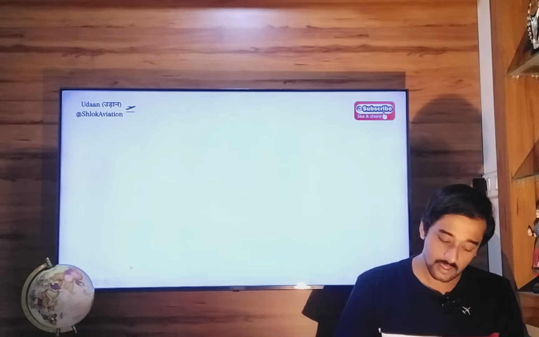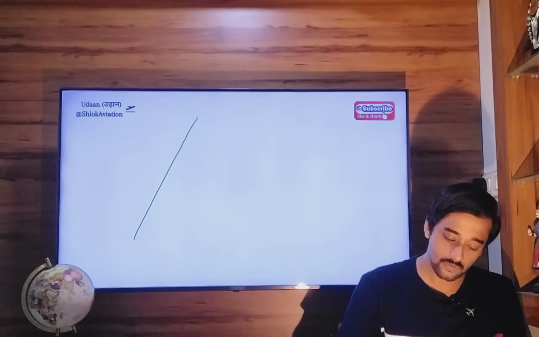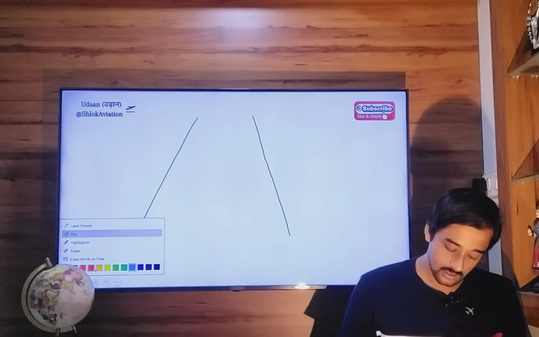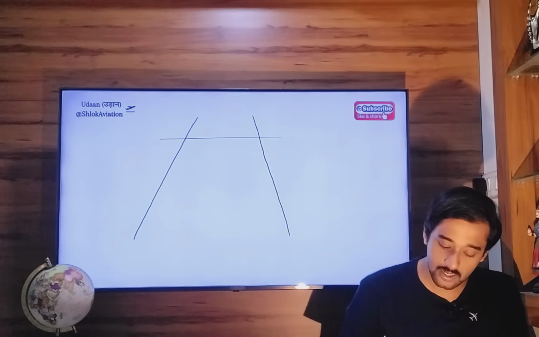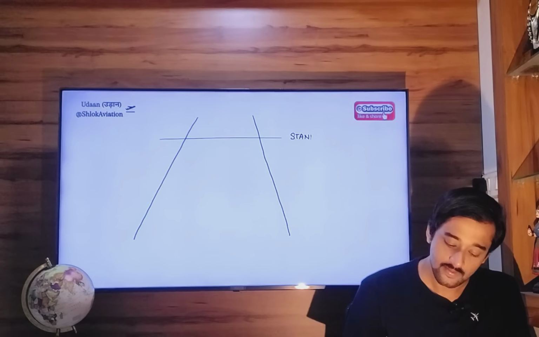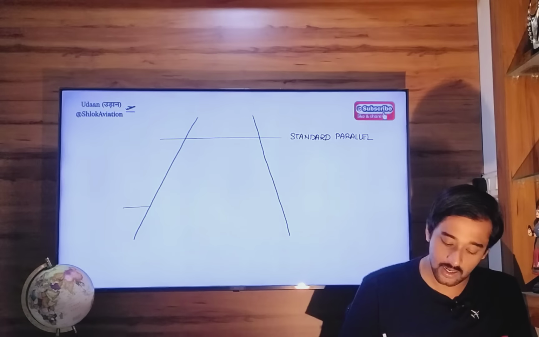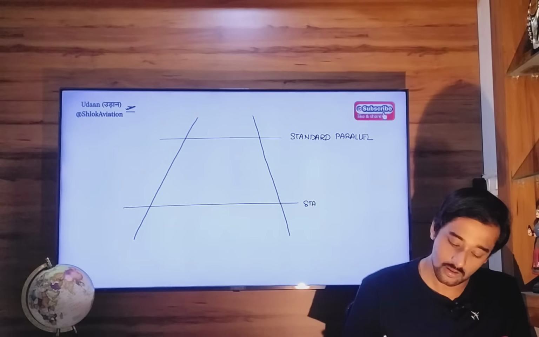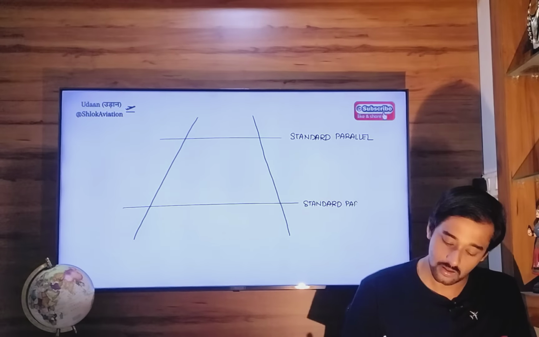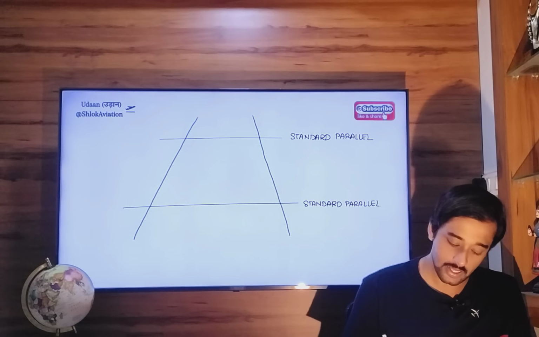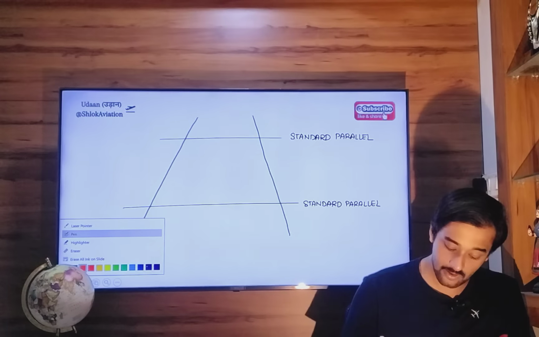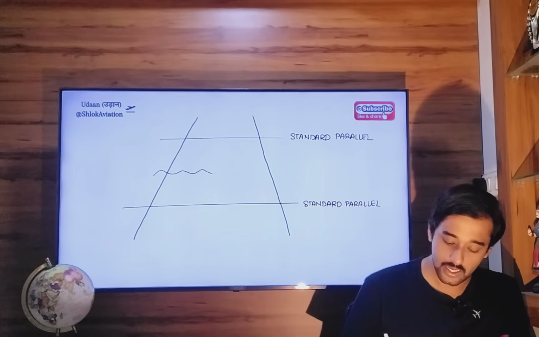Let's say this is your Lambert's chart. These are the two standard parallels. Standard parallel number 1, standard parallel number 2, and there will be a parallel of origin in the center.